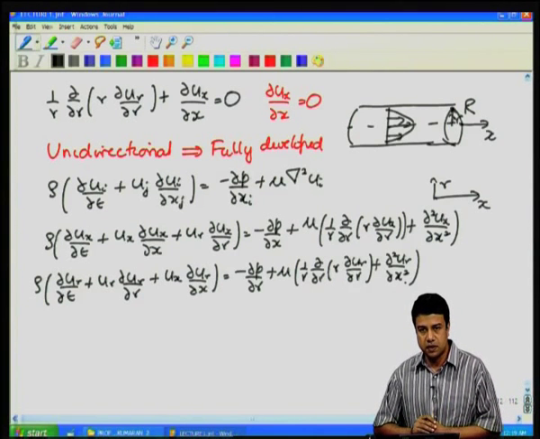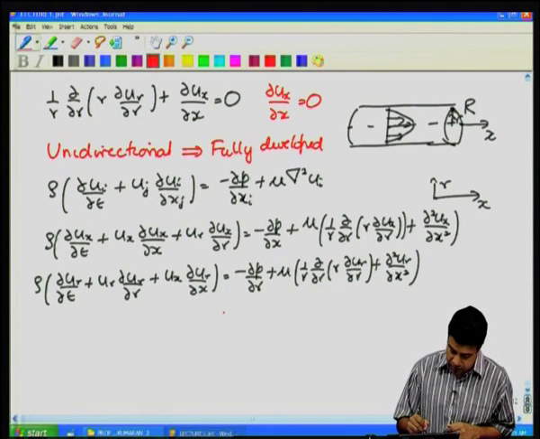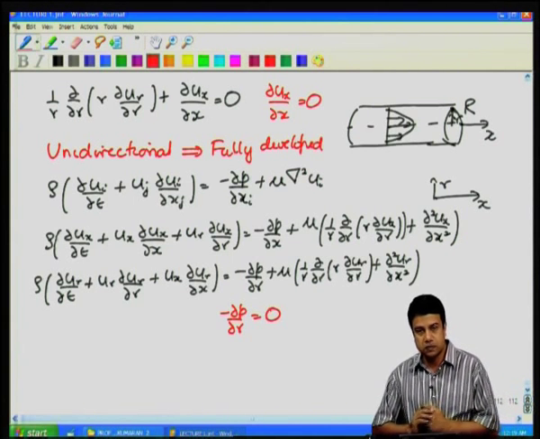In the r equation, flow is unidirectional. Therefore, I just get minus partial p by partial r is equal to 0. It's simple for a unidirectional flow.